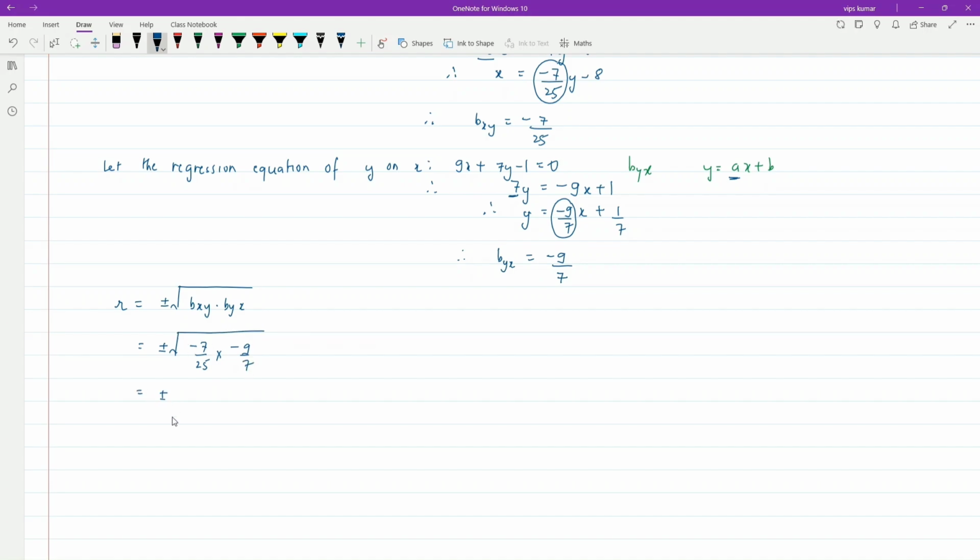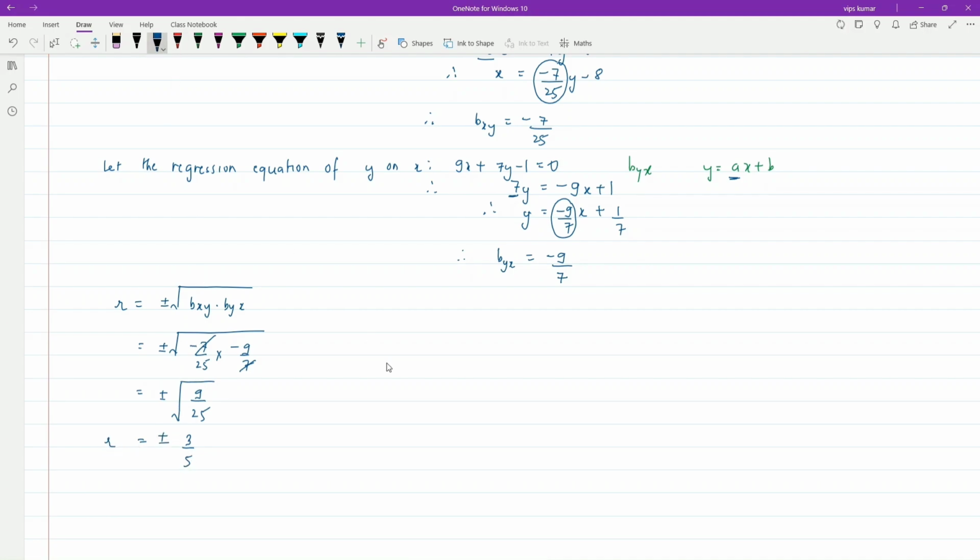So we can rewrite this as, after certain cancellations, 9 over 25, with 7 going away and minus minus giving us plus. And the root of this is going to be 3 over 5. And we also have plus minus here.